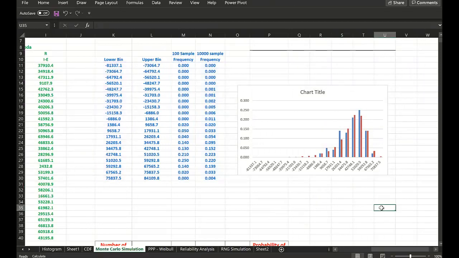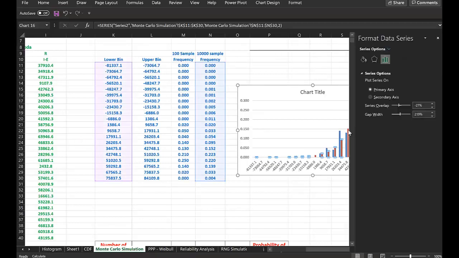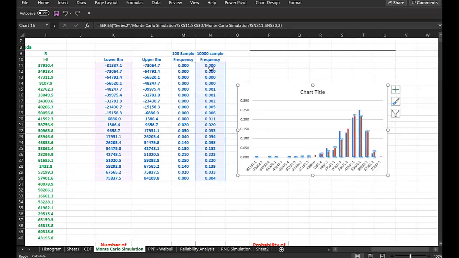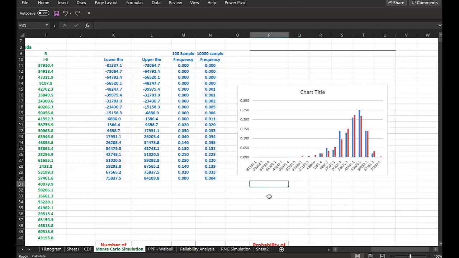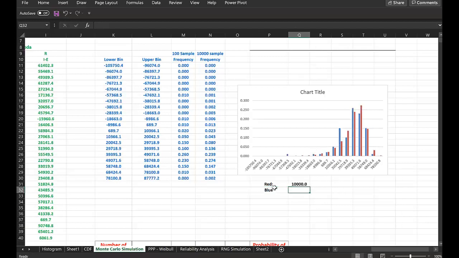So this gives me a histogram for 100 sample size as well as 10,000 sample size. If you see, red corresponds to 10,000 samples and blue corresponds to 100 sample size.